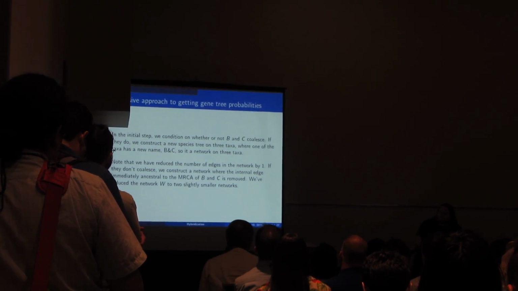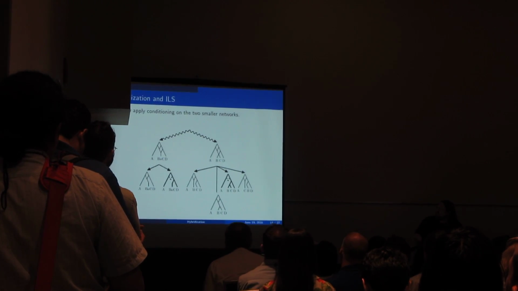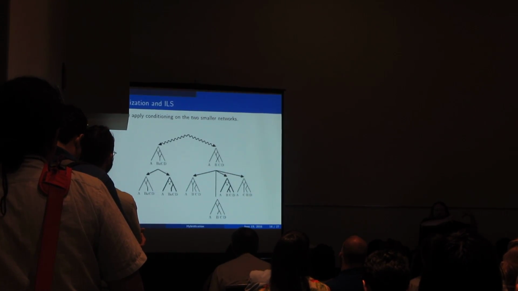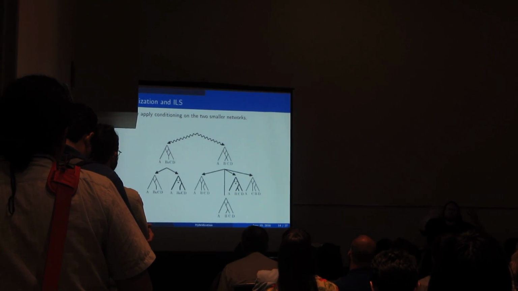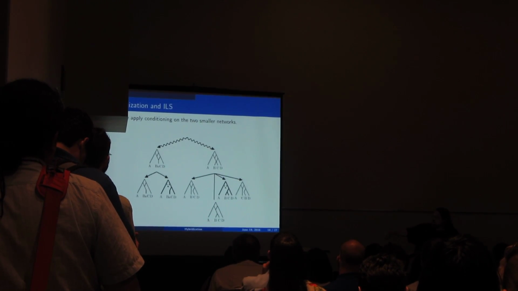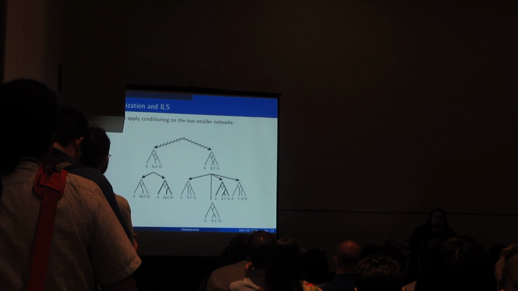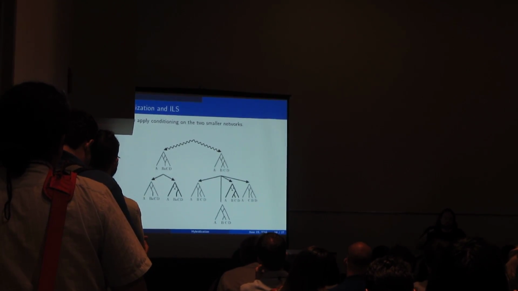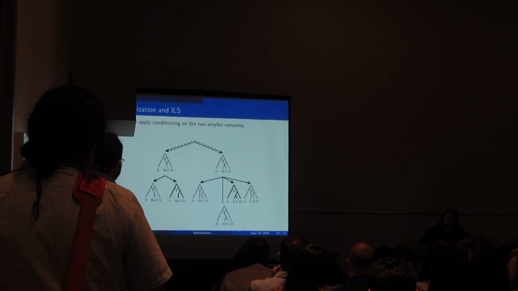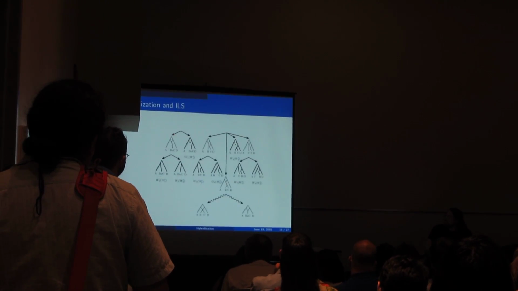So I won't go into all the details for how to do that, but you take these two slightly simplified networks and condition on more events, and that simplifies things. Depending on the events, you might end up with a tree, or you might end up with a simplified network. As long as you have networks, you keep going recursively until you end up with things that are no longer networks.